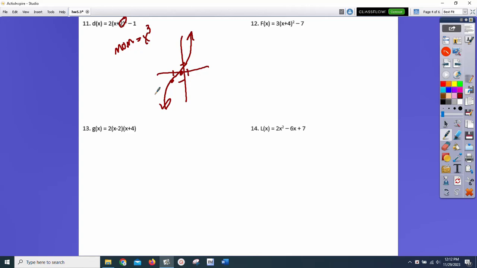All right, what do we got on 13? On 13, we use the zero product property. We have x-intercepts at (2, 0) and (-4, 0).